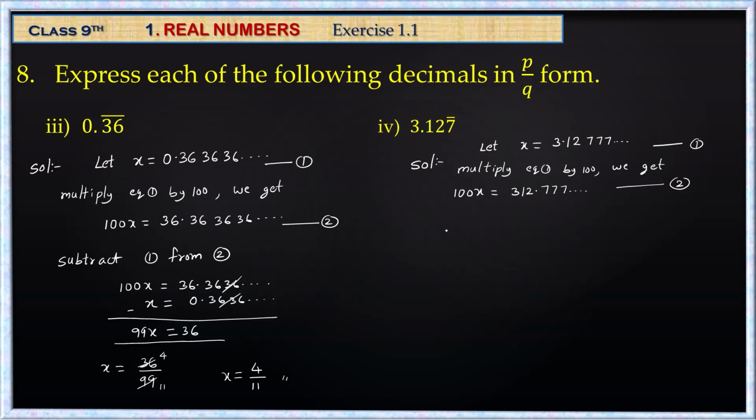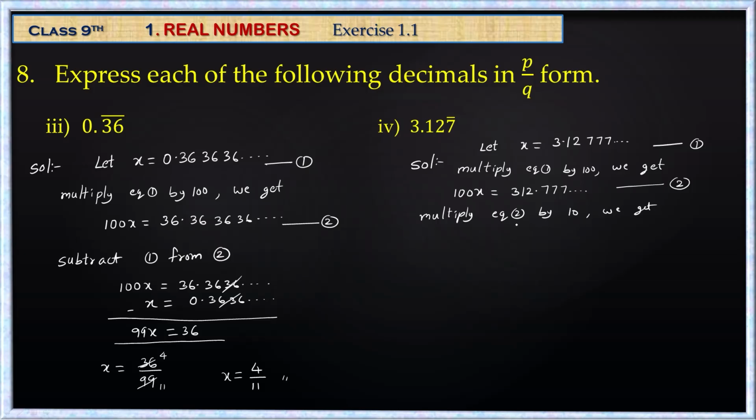Now again multiply equation 2 with 10. The decimal point moves 1 step right side. Multiply equation 2 by 10.